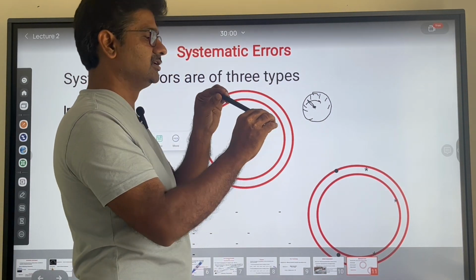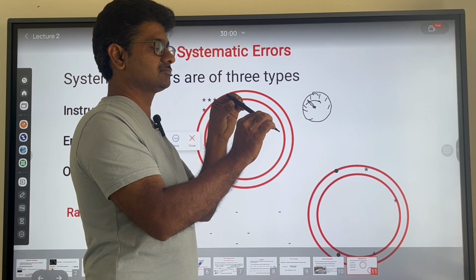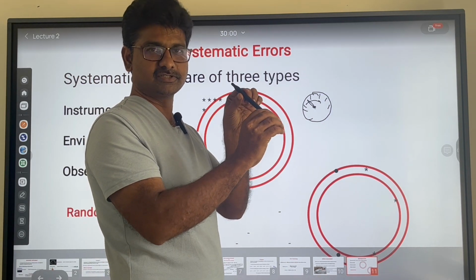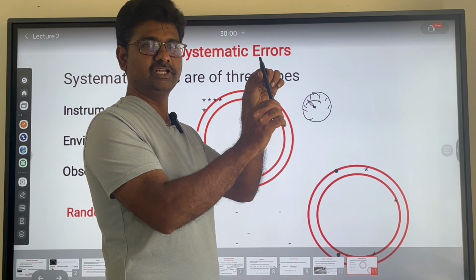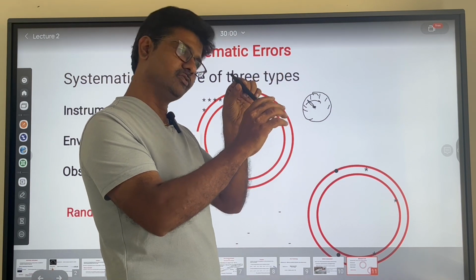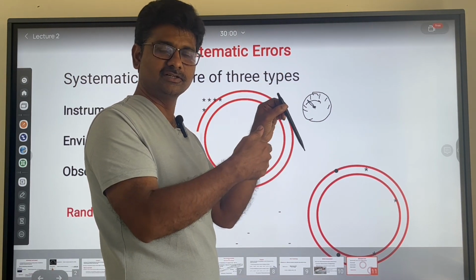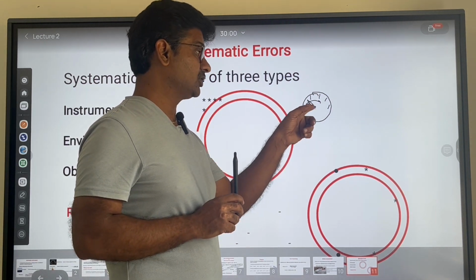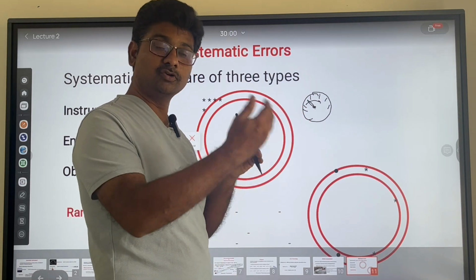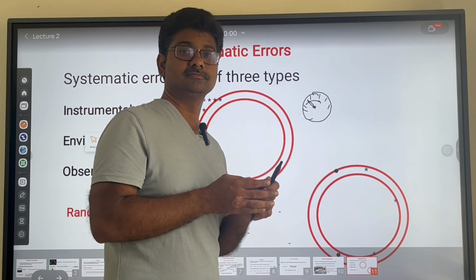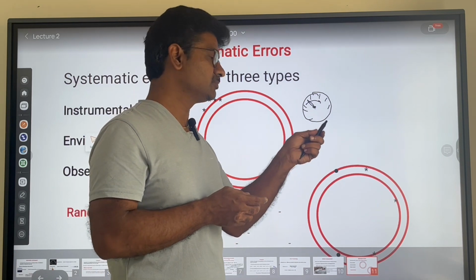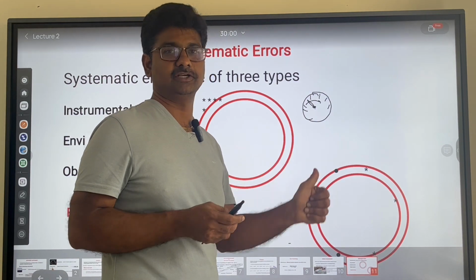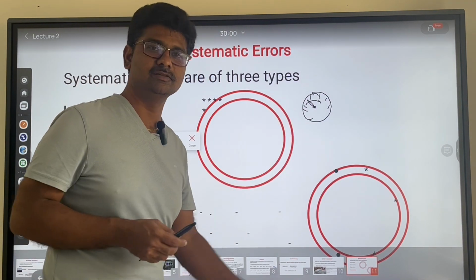Suppose your pressure is 25 kg per centimeter square, and it shows 28. Number of times you make the same pressure, instead of 25 it will show 28, which is not accurate. But because of the problem in the spring, the values you are getting repeatedly are almost the same. So that is precision. The instrument has precision, but it's not accurate because of the problem with the measuring instrument. So this is a technical problem.